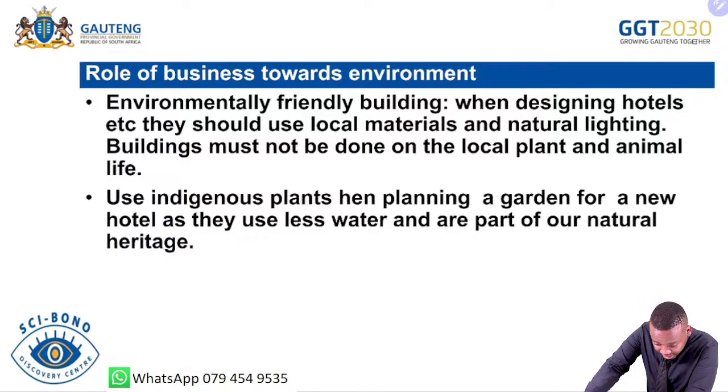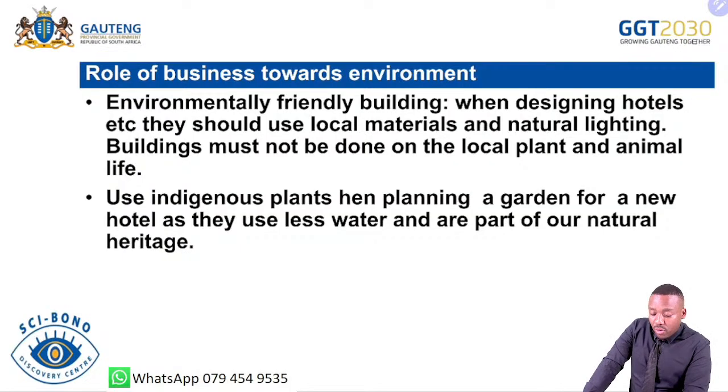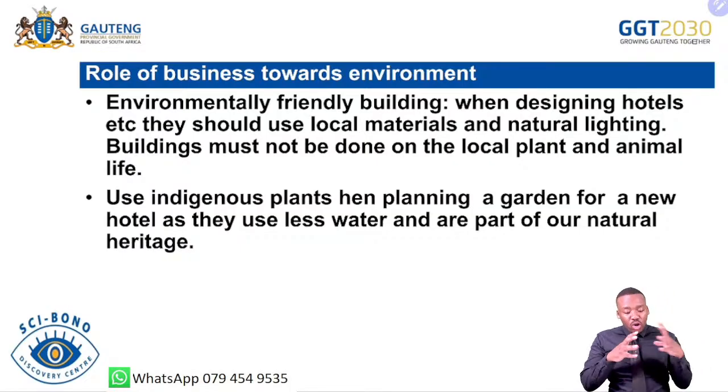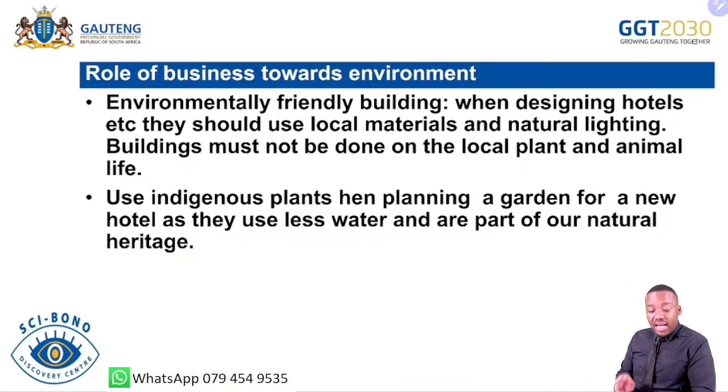Also use indigenous plants when planning a garden for a new hotel, as they use what? Less water and are part of our natural heritage. So those are some of the things that a tourism business can do in order to reduce their impacts on the environment.